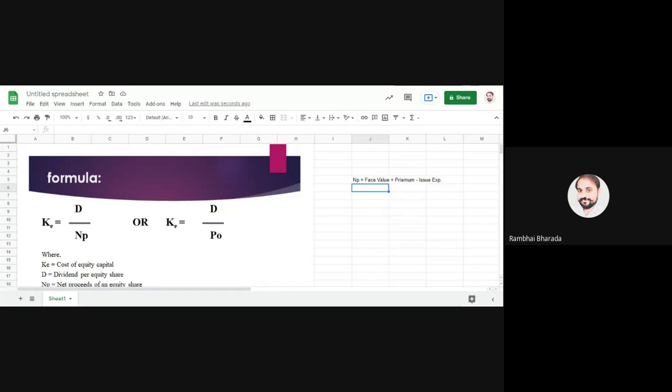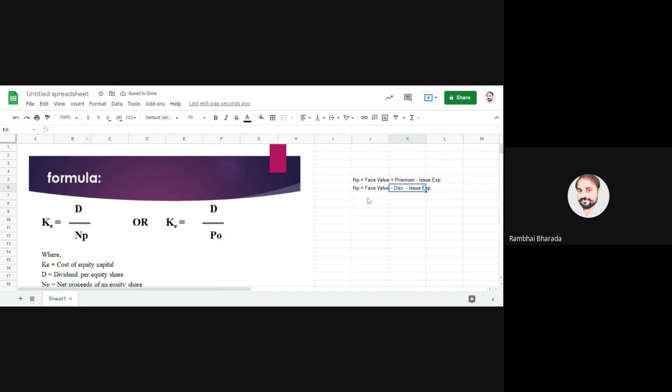If we have discount, in some questions it may happen that instead of premium, we have discount. So whenever we have discount, we need to deduct it.